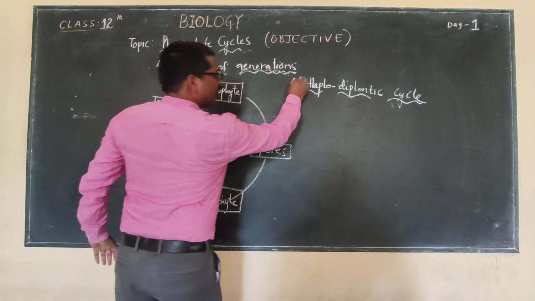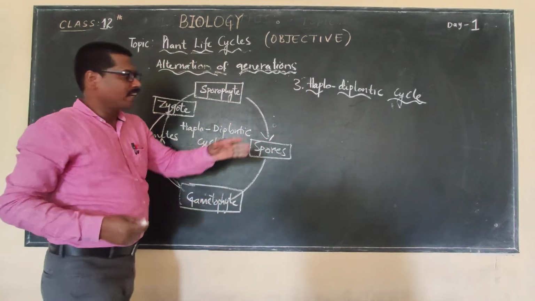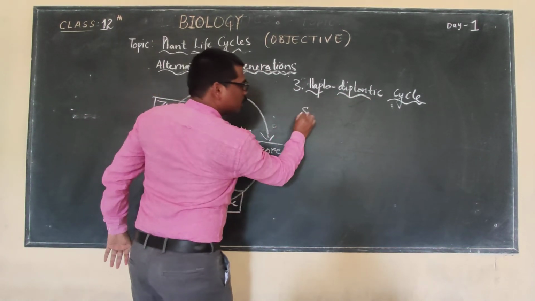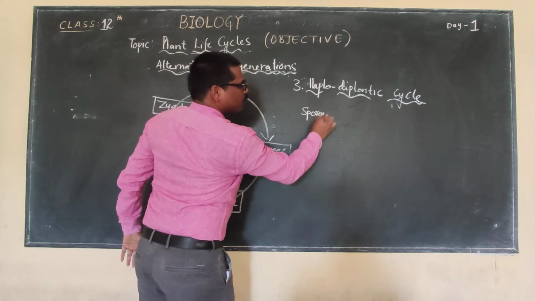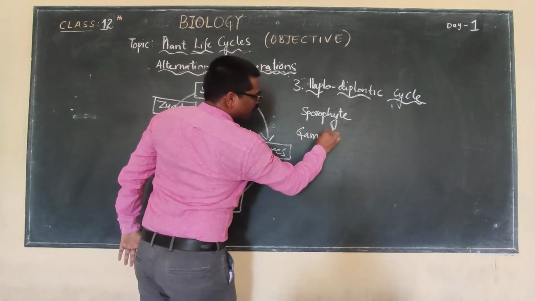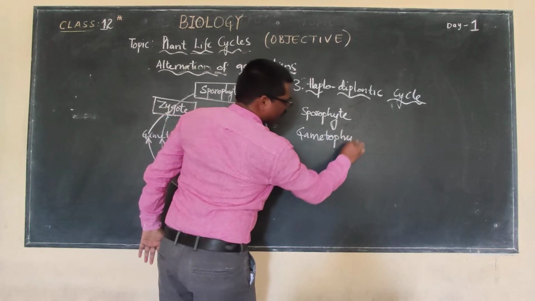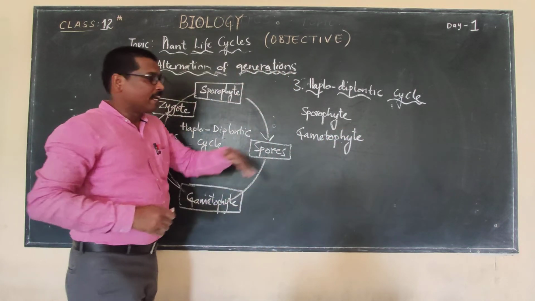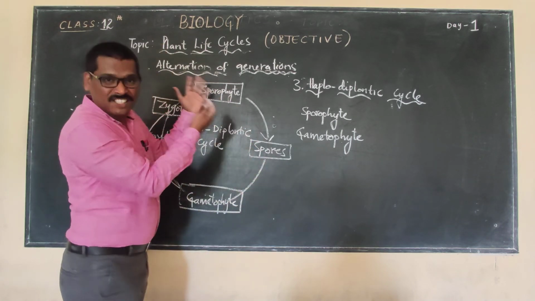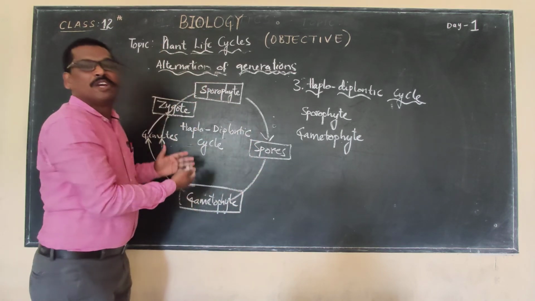The third type of life cycle that plants exhibit is the haplodiplontic cycle, in which both the sporophyte and the gametophyte exist. The difference here may be, if the sporophyte is 60%, the gametophyte may be 40%.